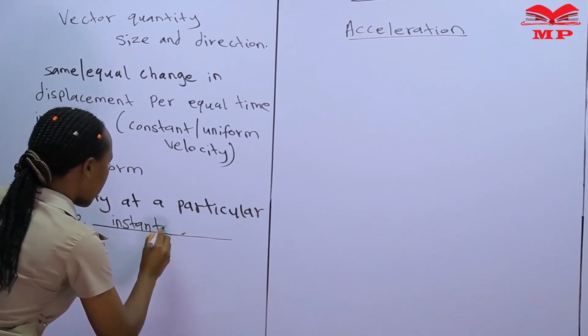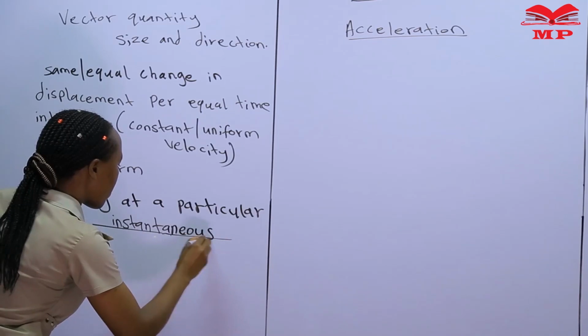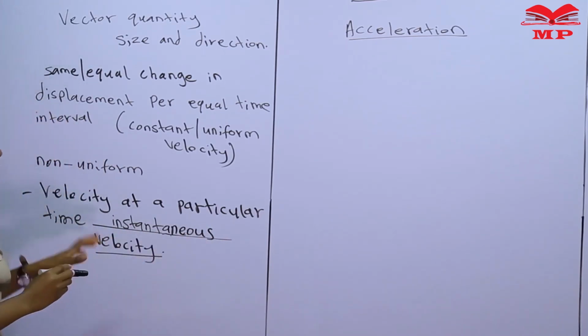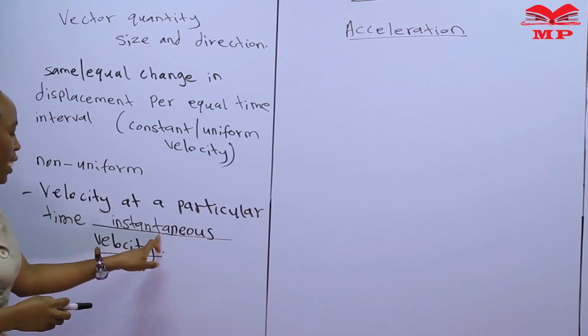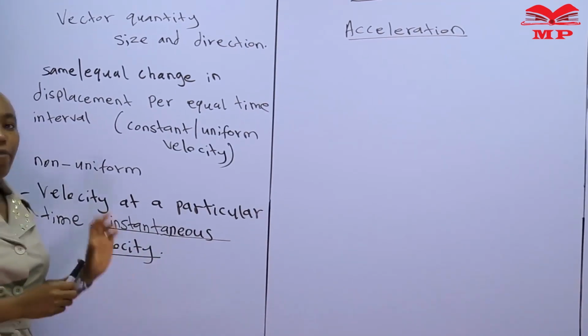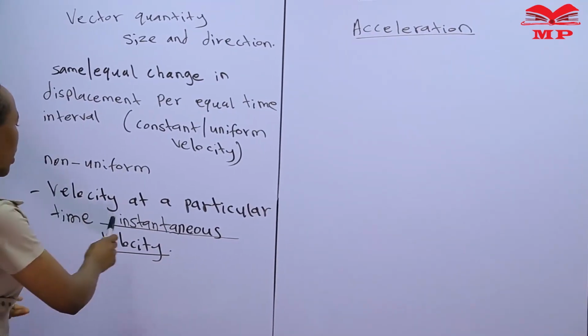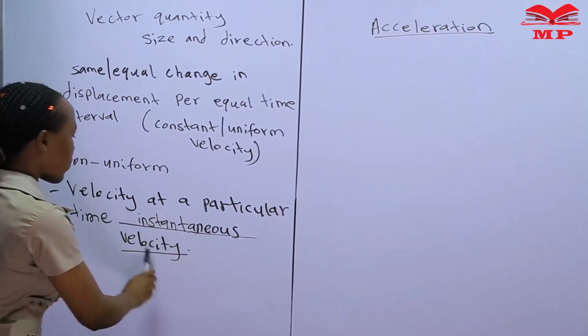That is velocity at a certain point, at a particular time, is what we refer to as instantaneous velocity.